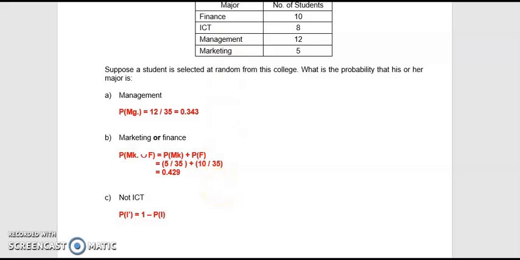Why 1? Because total probability must be equal to 1. So what is the probability for ICT? 8 divided by 35. So your answer will be equivalent to 0.771.